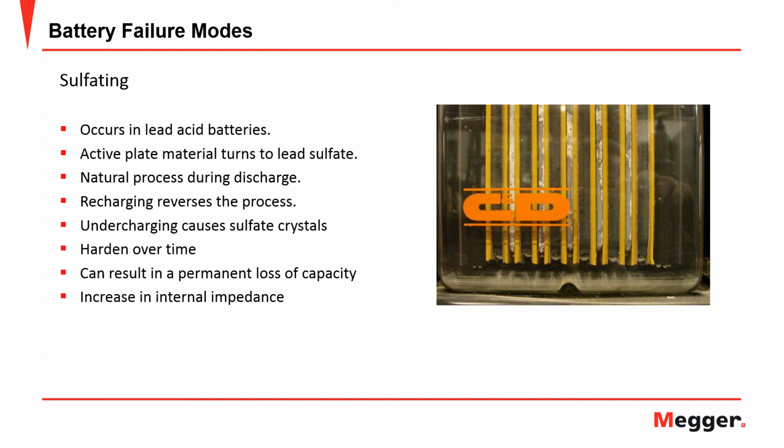So your internal impedance goes up as your capacity goes down. And the problem you can run into here is what happens if you're undercharging the battery? If the battery is being undercharged, then it's partially sulfated. And the longer it remains that way, the harder the sulfation crystals get.